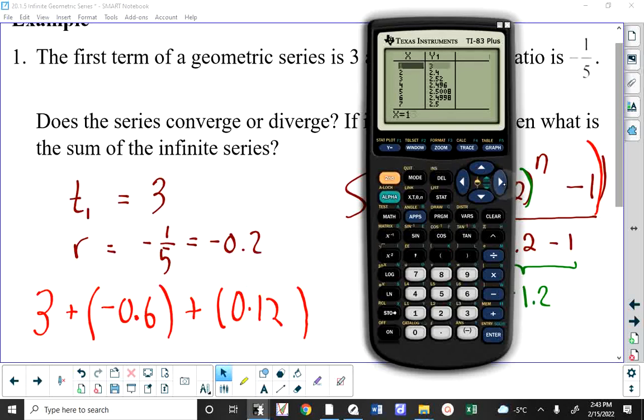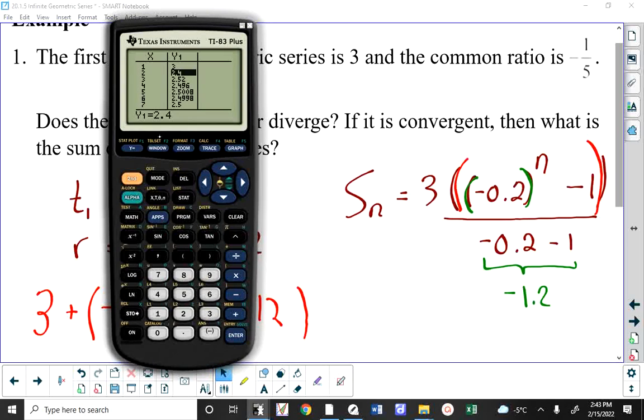So let's see what happens here. It goes from 3 to 2.4, and then 2.52, and 2.496, and 2.5008, and 2.4999, 2.500032, 2.4999936. Those of you that had a suspicion about whether it was convergent or not, were you right, do you think? Turns out it's convergent. It's converging on 2.5.